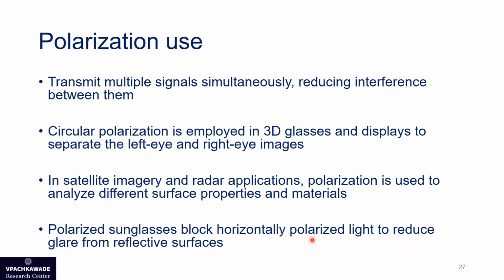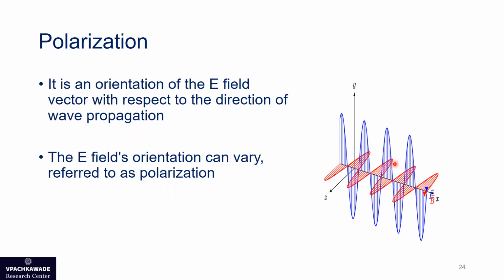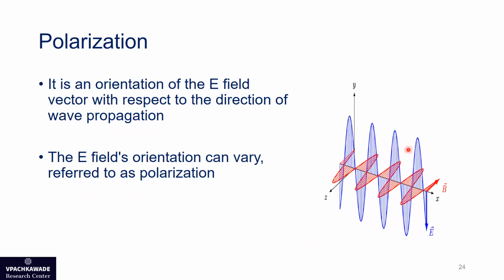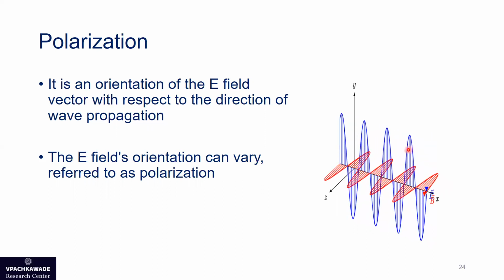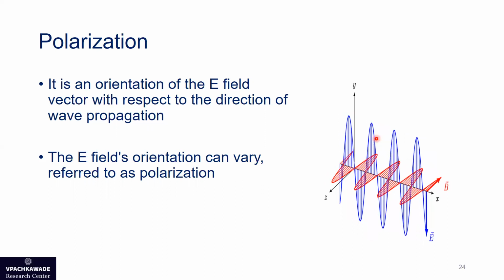What is a horizontally polarized or vertically polarized waveform? Let's have a look at this picture. If we say that blue indicates the electric field vector, it is oscillating up and down in a straight line.